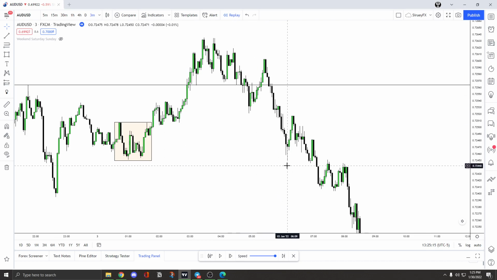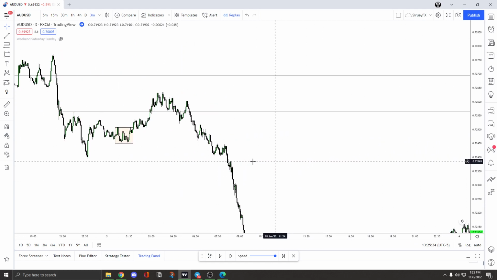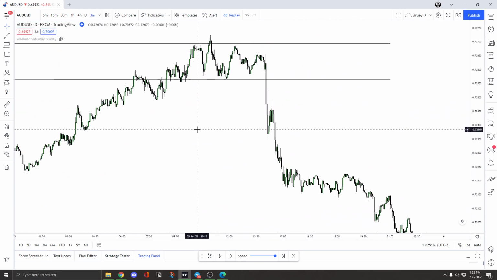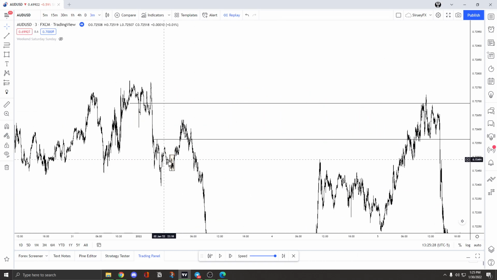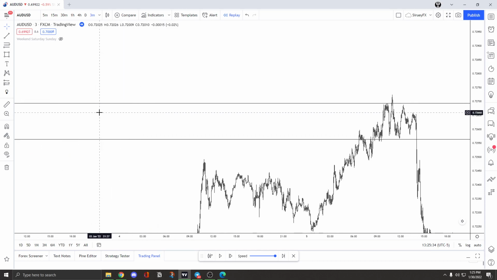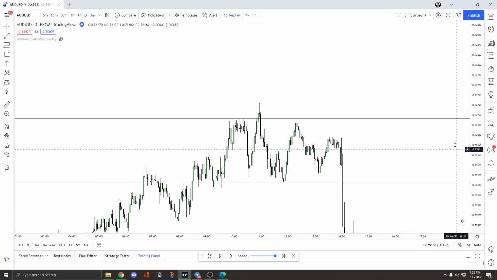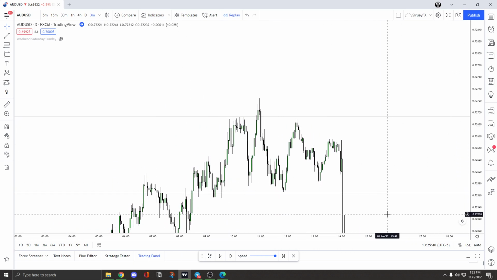This could be your entry to go short and look for a clear on that original consolidation. Then on the 4 hour, it showed that price went back up to this range. It's because there was buy side liquidity left open here, and the fair value gap wasn't fully filled. So price came back to seek that area of liquidity.